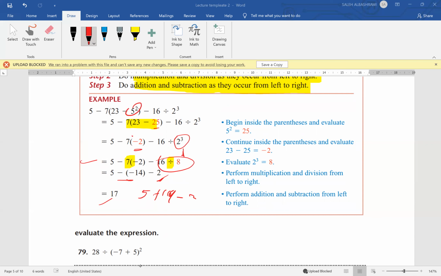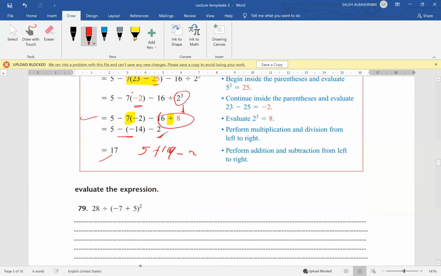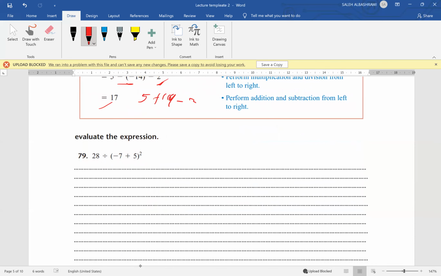Let's have another example. We need to evaluate the expression 28 divided by minus 7 plus 5, all to the power 2. In the first step, I'm going to deal with the brackets. So this will be 28 divided by, the bracket is minus 7 plus 5 which is equal to minus 2, all to the power 2.